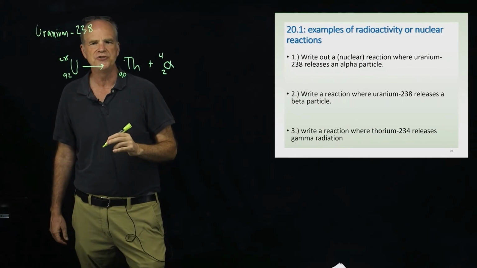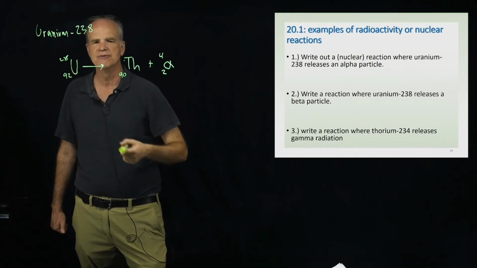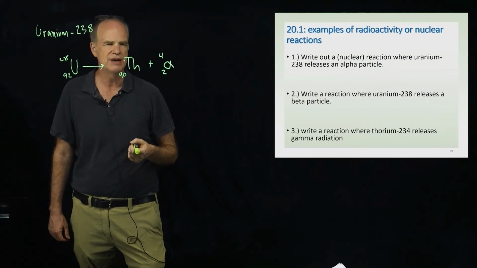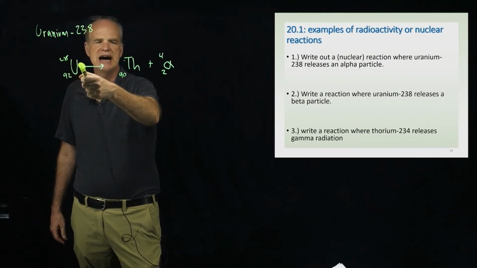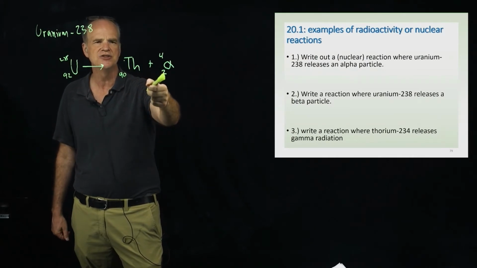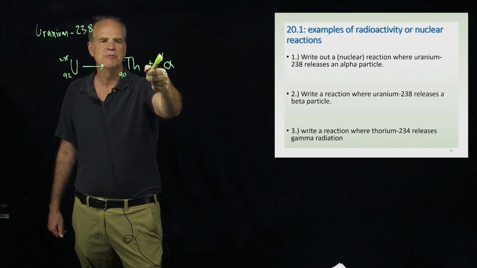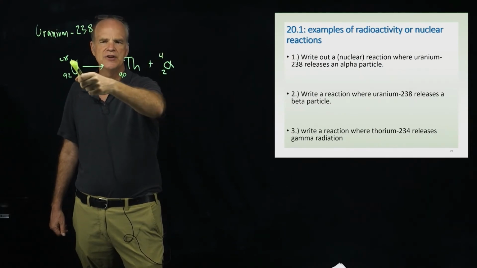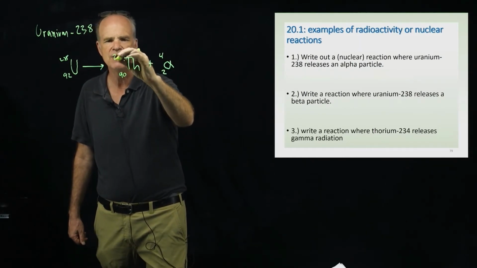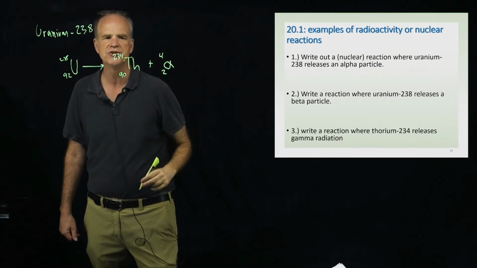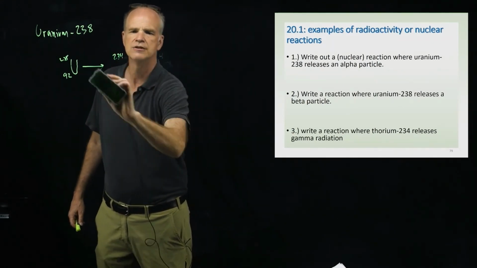Now, what is going to be the correct mass number of the product thorium? Well, you can see uranium is spitting out an alpha particle which is taking 2 protons and 2 neutrons with it. So basically we're losing a mass number of 4 from the 238, so it should be a mass number of 234 associated with the thorium. So that is correct. Okay, let's go on to the next one.